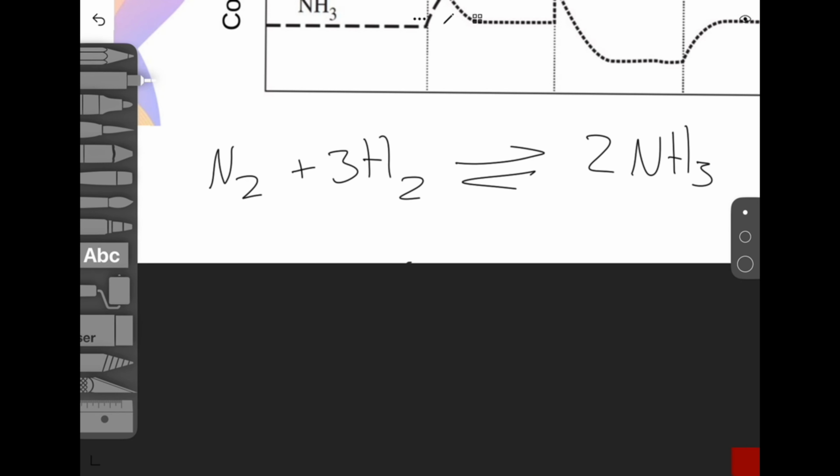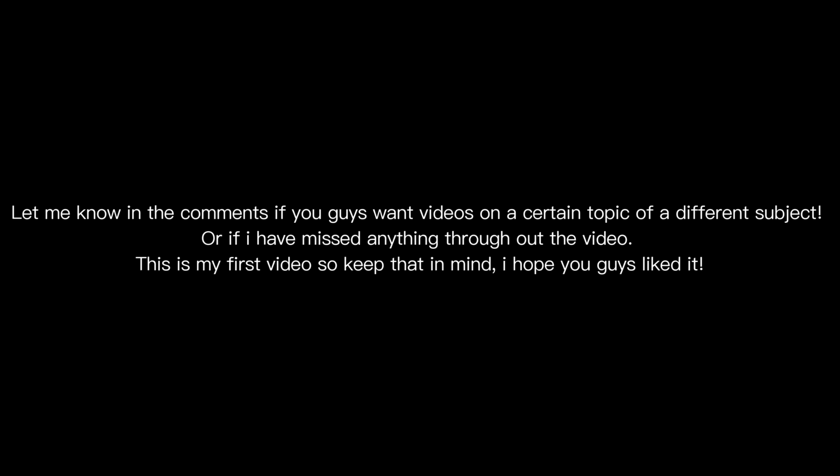This has 1 mole, so 1 plus 3 would be 4 moles in total. And then this one only has 2. So this one is greater and then this one is lower. So if the pressure increases, the equilibrium will shift to the right because it has less moles. However, if the opposite happens, it will shift towards the left because it has more moles. If that makes sense.